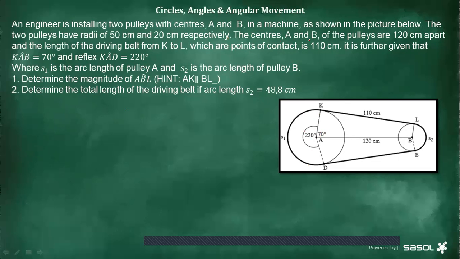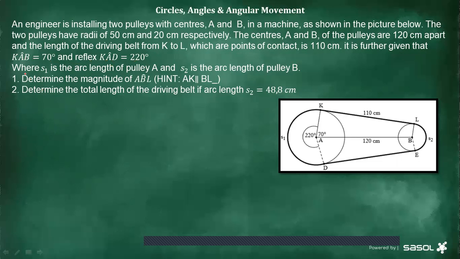And then the centers A and B of the pulleys are 120 centimeter apart, and the length of the driving belt from K to L, which are points of contact, is 110 centimeter. It is further given that angle KAB is equal to 70 degrees and reflex angle KAD is 220 degrees.